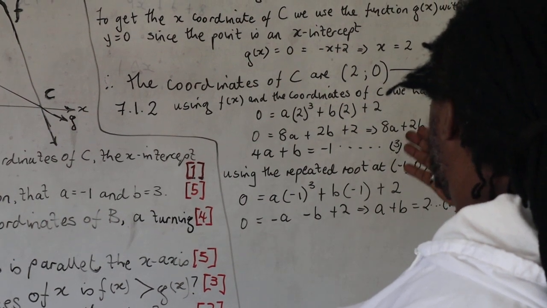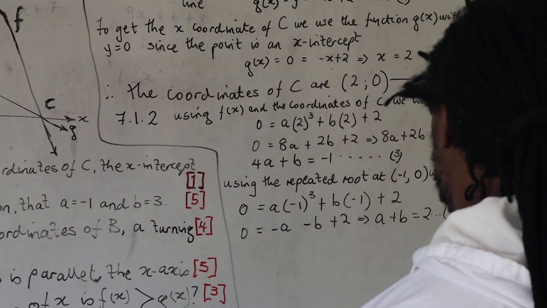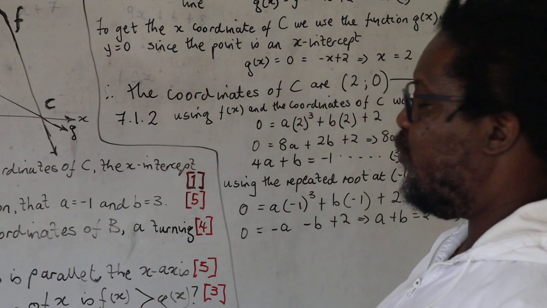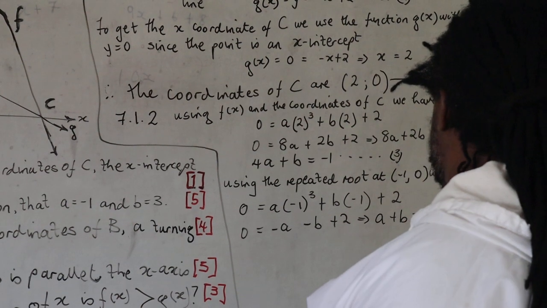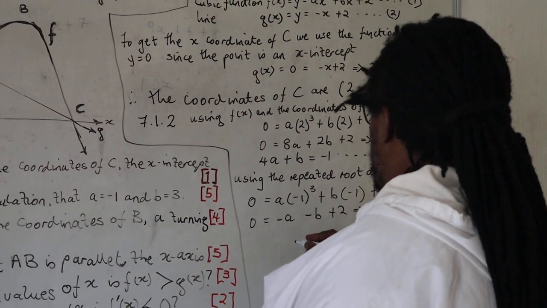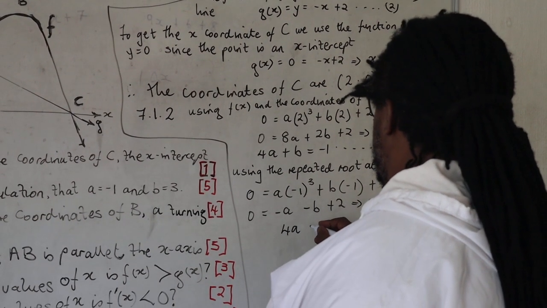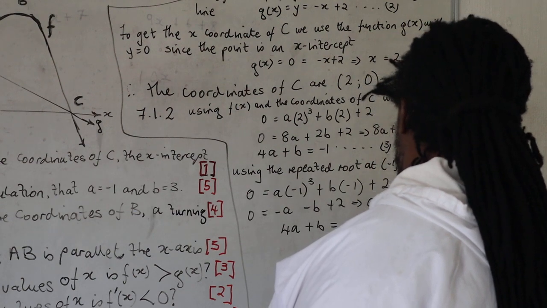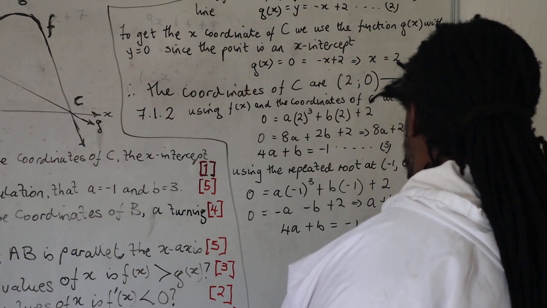So now with equation 3 and 4, we have got our two equations in two unknowns. So we can say 4a plus b equals -1, that's equation 3.